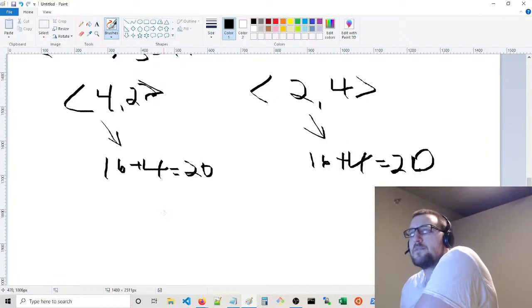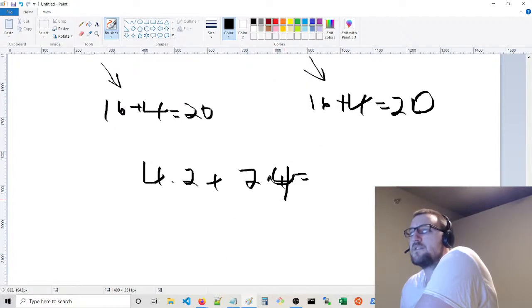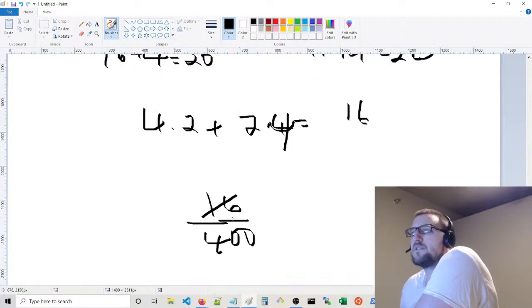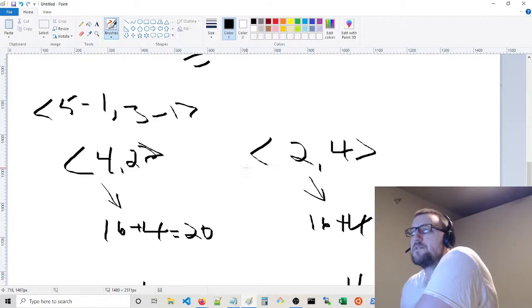And you could take the dot product: 4 times 2 plus 2 times 4 is 16. 16 over 400, that's 4 over 100, 1 over 25.